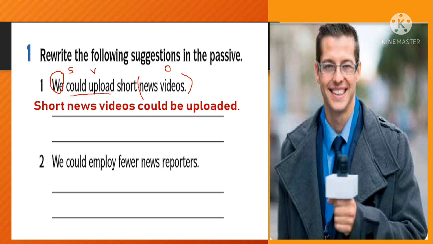Alright, so the object is now at the beginning of the sentence. From we could upload short news videos, when you change to passive voice, it becomes short news videos could be uploaded. So what about number 2? The active voice: we could employ fewer news reporters.